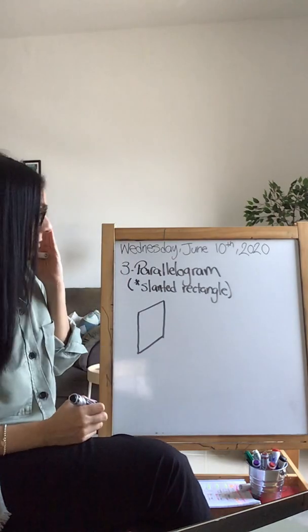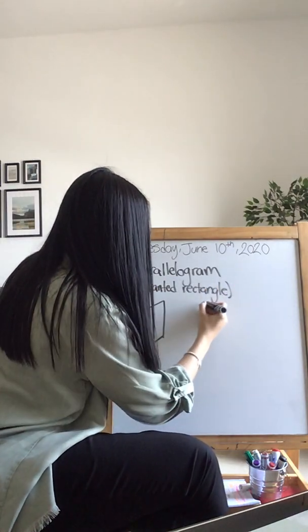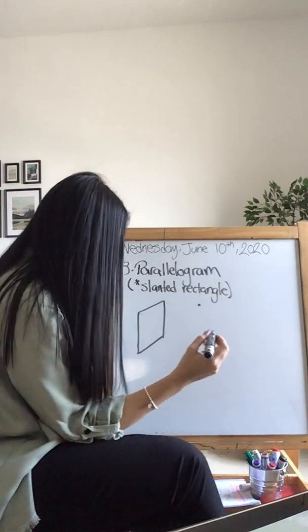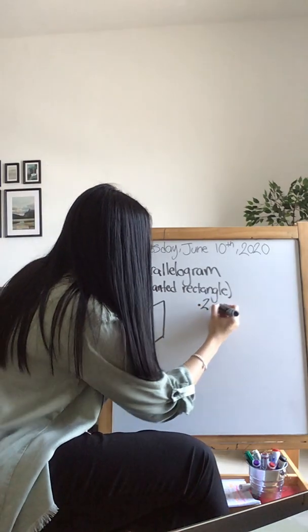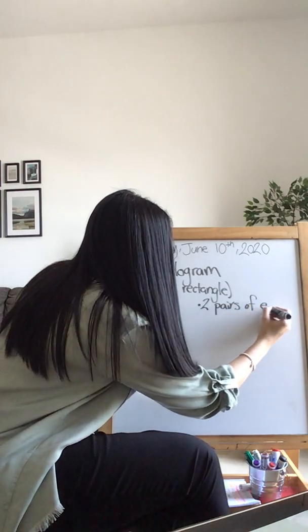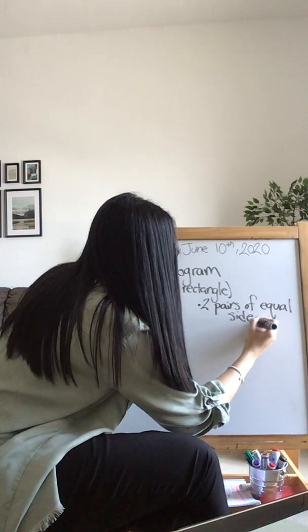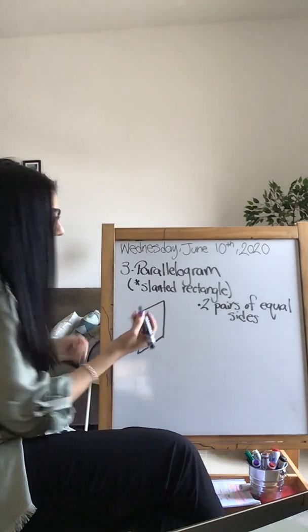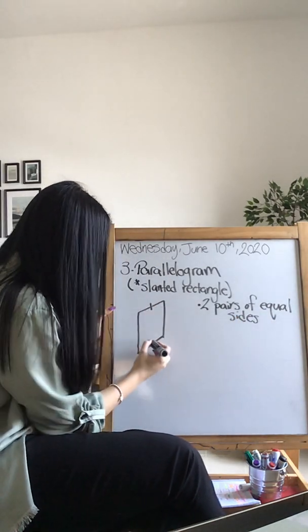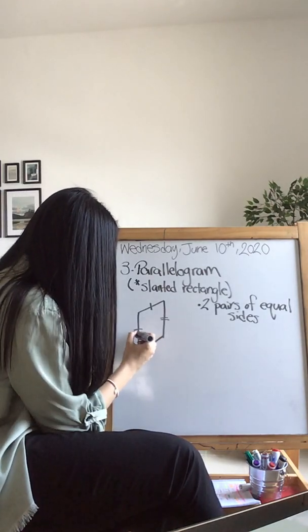Now let's go over the features of it. Again, there are 2 pairs of equal sides, very much like a rectangle, but again, I said it's a slanted one. So this side is the same length as this, and this side is the same length as this side.